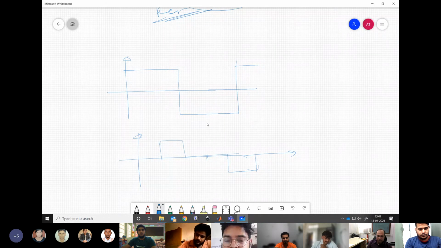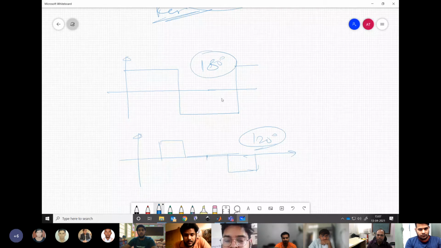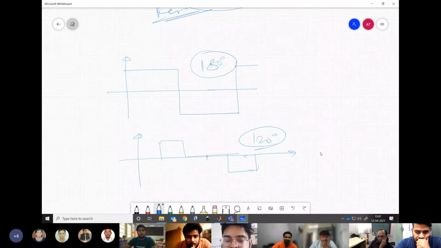Okay, so this is what you have studied, 180 degree mode, 120 degree mode, or something else? Tell me, someone.